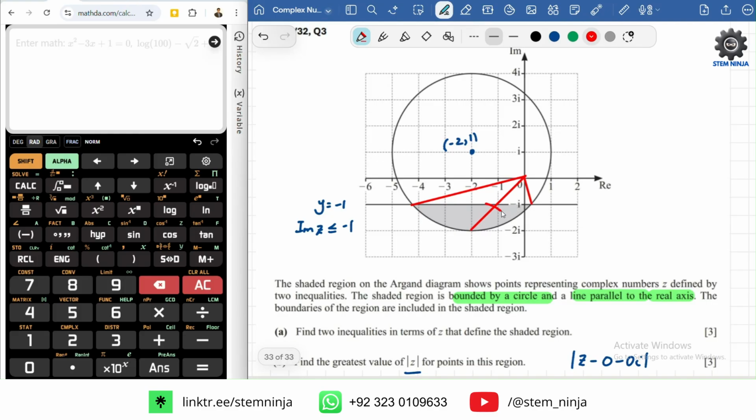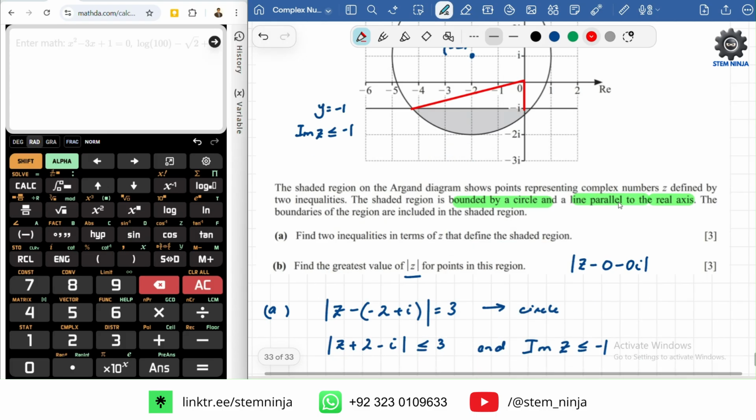This is an obvious one. We don't really need this. So this would be the minimum. Actually, no, sorry. This would be the minimum. And for the maximum, that would be the furthest away.